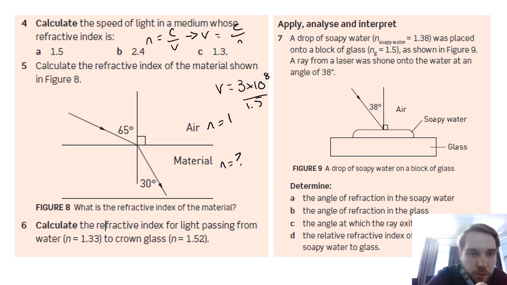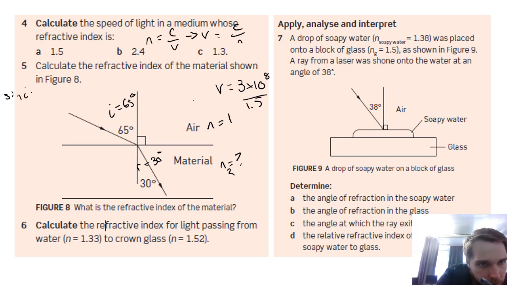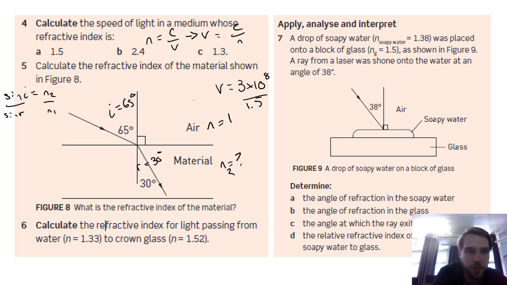We know the two angles. The angle of incidence is 65 degrees. The angle of refraction is 30 degrees. We're just going to use Snell's law. The only thing we don't know is n2. So sine of i over sine of r is equal to n2 over n1, and we just substitute and rearrange.